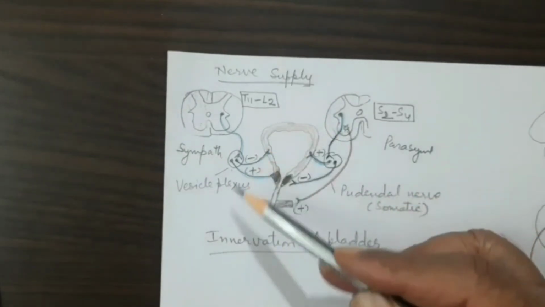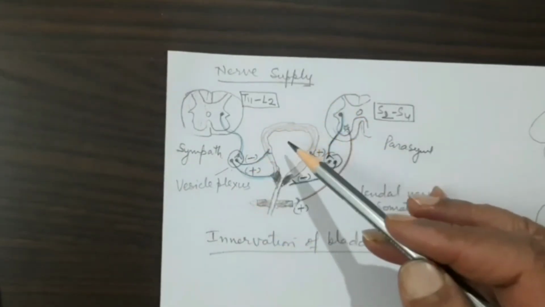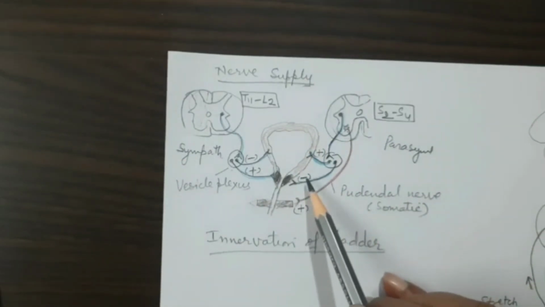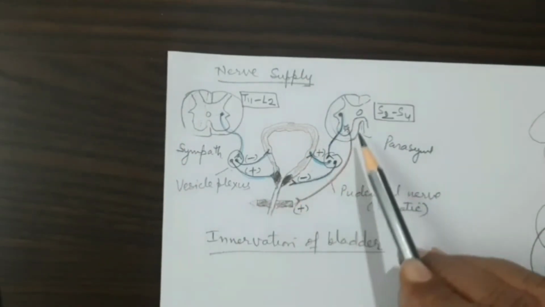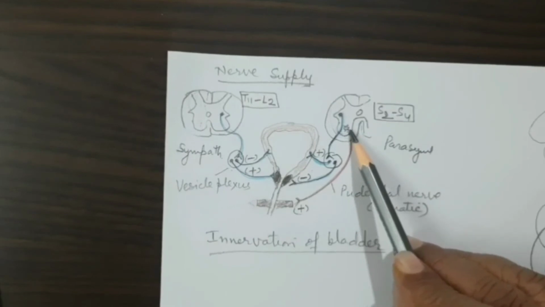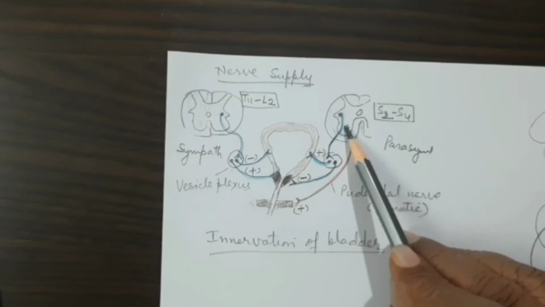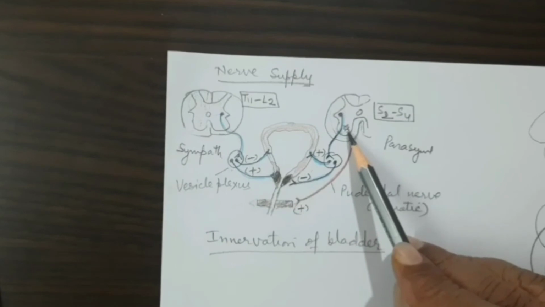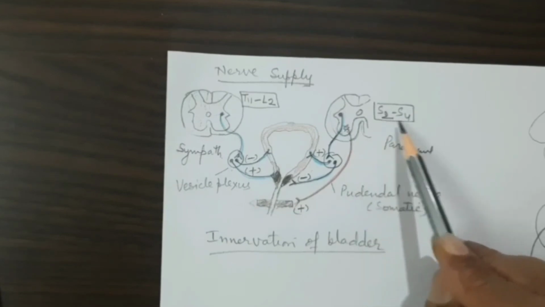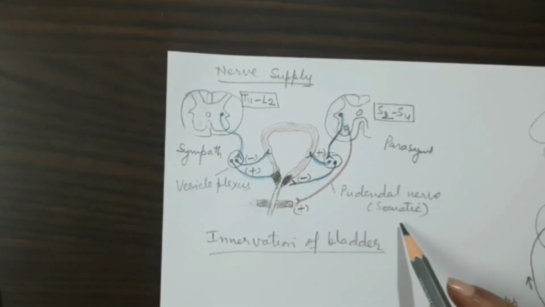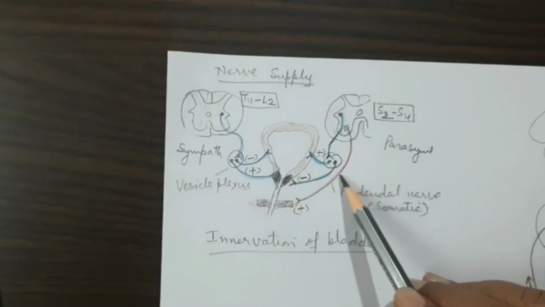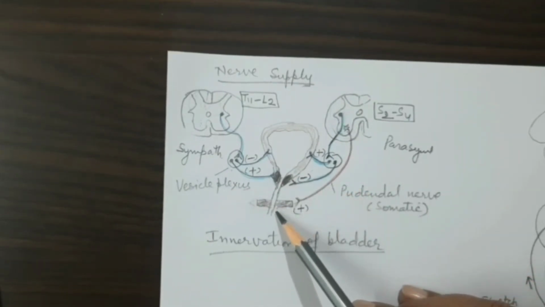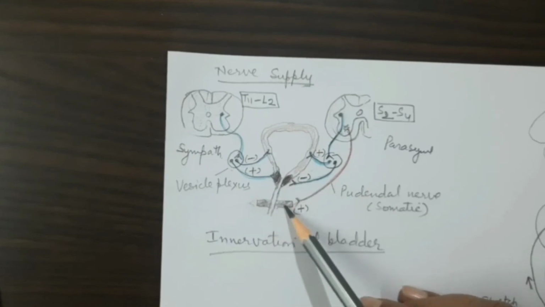But this is not the only control mechanism of micturition. There is another fiber coming from the S2 to S4 level, but it is a somatic motor fiber, in the form of the pudendal nerve. The pudendal nerve supplies the sphincter urethrae, which is made up of skeletal muscle.